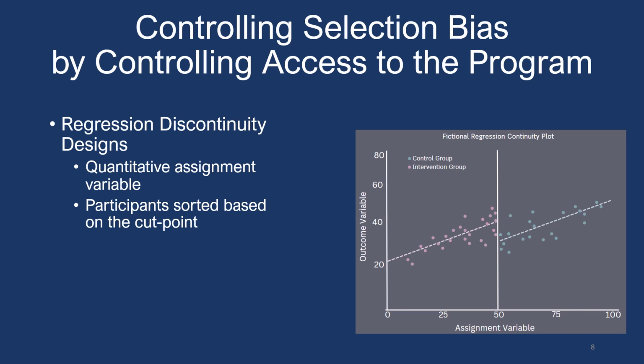And as we can see on our very fictional graph here, we see our regression discontinuity plot. So at this point, we're plotting the results of our people along the assignment variable. We're plotting their outcome on an outcome variable along the y-axis, and we're now able to compare.